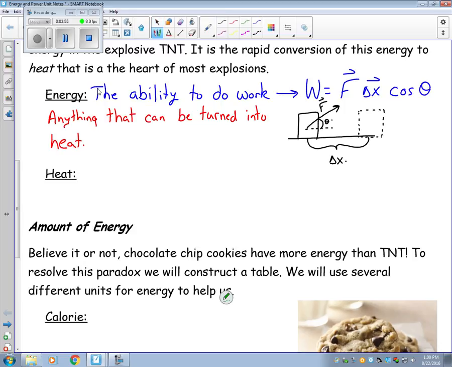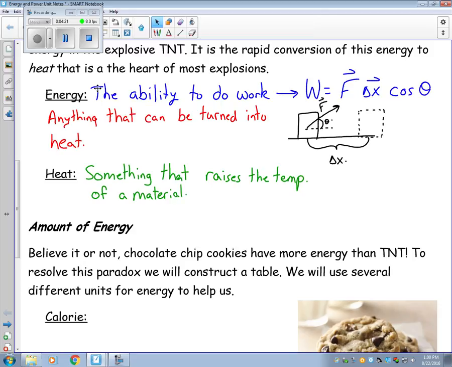Heat is something that's going to raise the temperature of a material. So there you have it, energy and heat. And in many ways, they're kind of the same thing if you think about it.